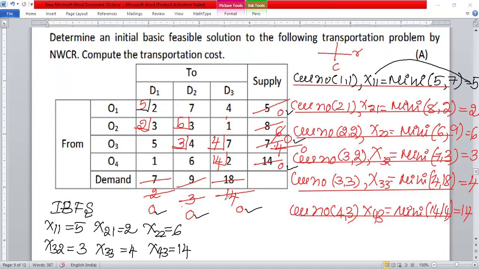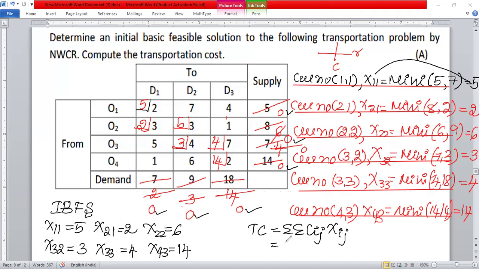After that, we are going to compute the transportation cost. The formula is double summation Cij into Xij. You have to write the formula compulsorily. So TC: now we are going to multiply.